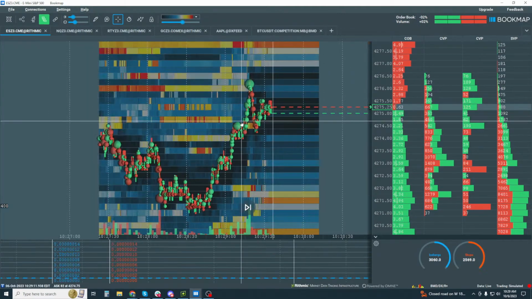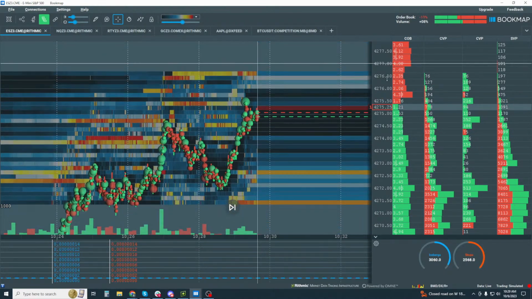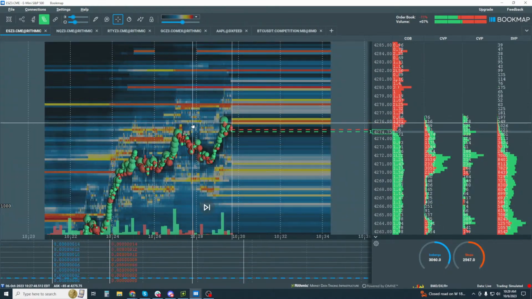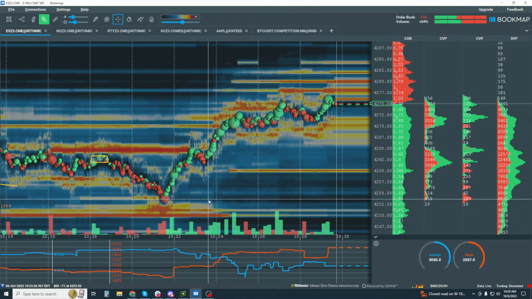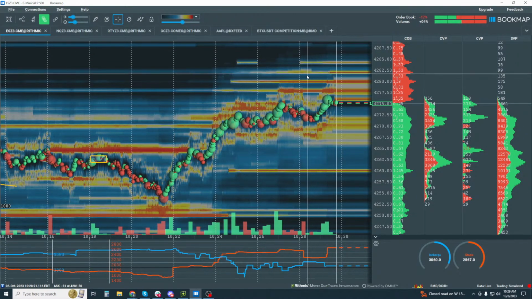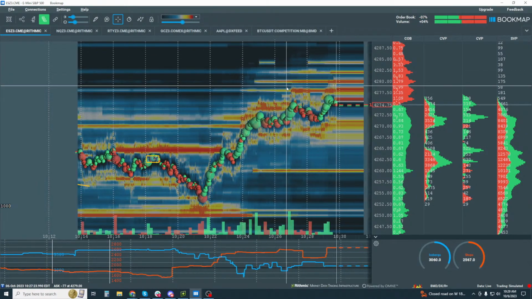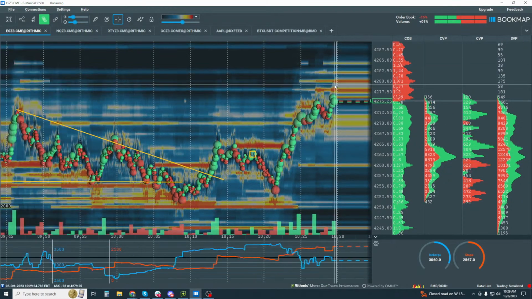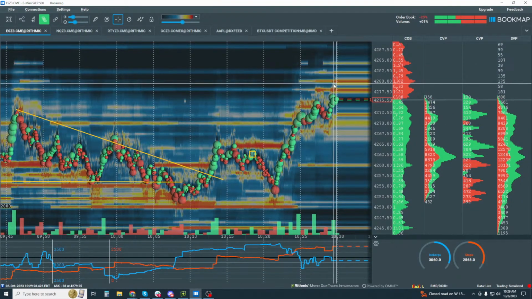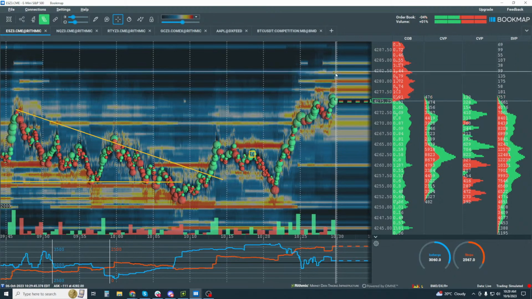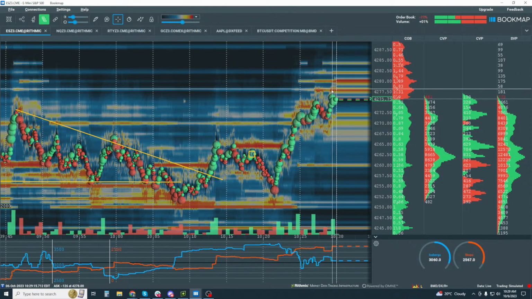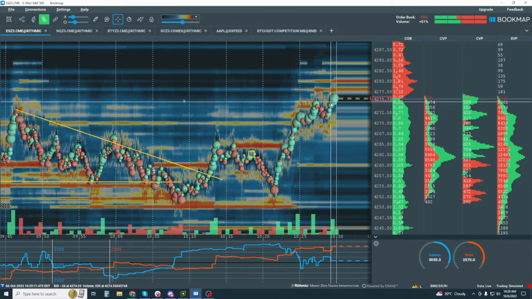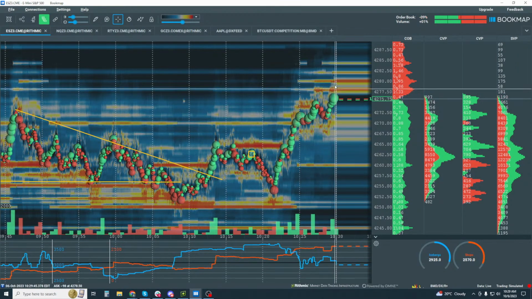So high liquidity, longer term high liquidity typically acts like a magnet in the sense that this is where the sellers are. They're up in these areas, up in here. This is where the majority of them are, 42.80, and here a little bit at 77. So buyers want to reach them. That's where the transactions can take place.